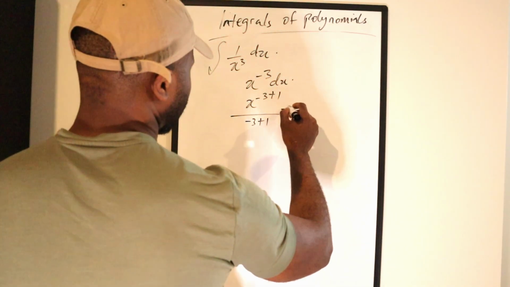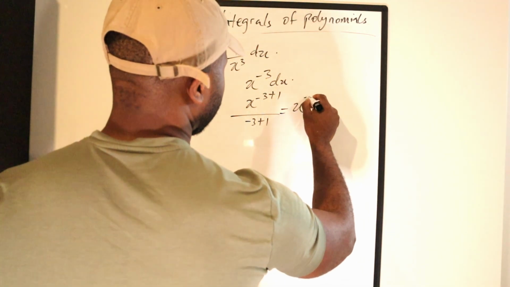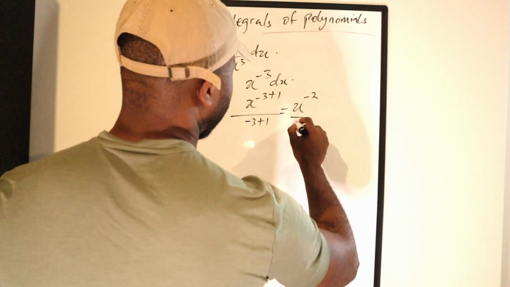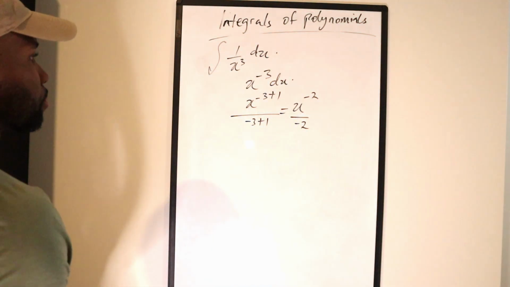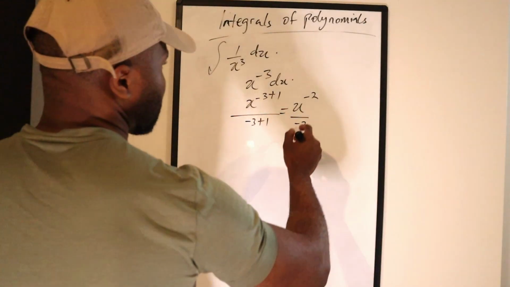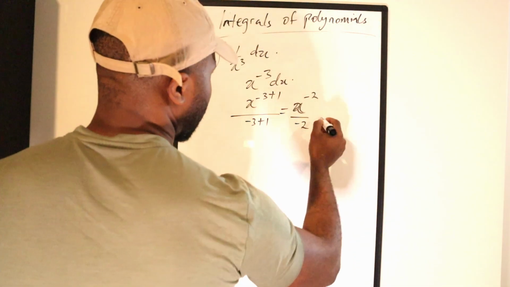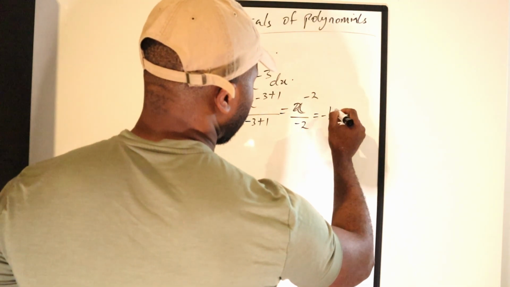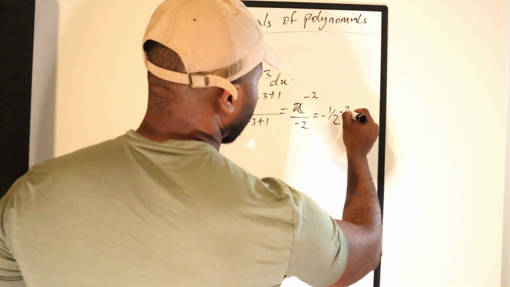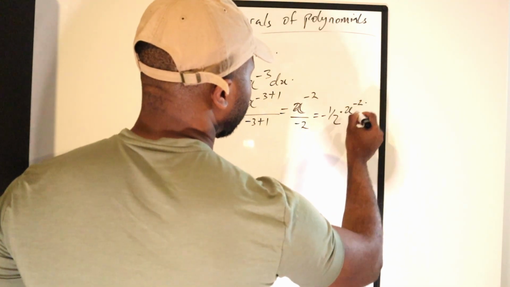So this is equal to x^(-2) over -2. We can break it down a little further: minus 1 over 2 times x^(-2).